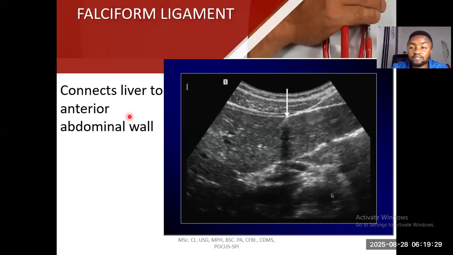Not only the falciform ligament, there are other ligaments that hold the liver firmly to the posterior and anterior abdominal wall. But the falciform ligament, apart from dividing the left and the right lobe, also connects the liver to the anterior abdominal wall, so that it will be firm in the abdomen.